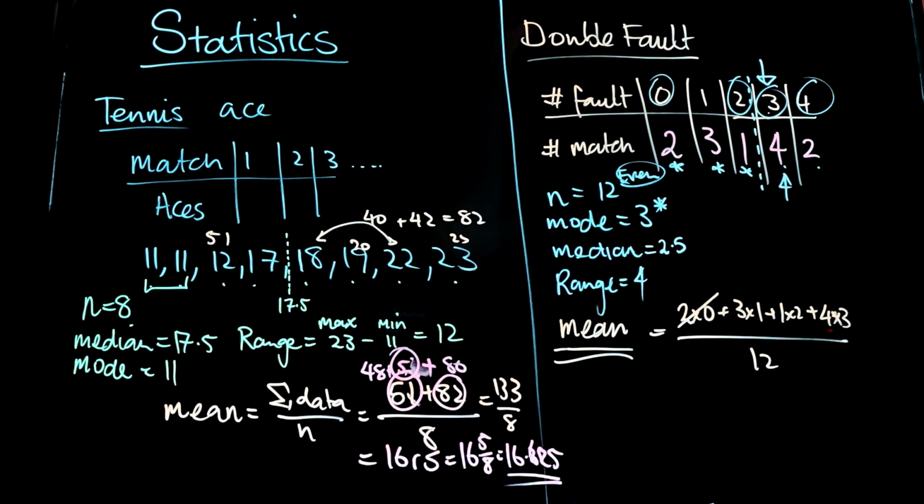And I'm kind of running out of room here because we've got to drag down this information into our calculation as well. I'm just going to sit it up there. What do we got? We've got 2 matches with 4 double faults.